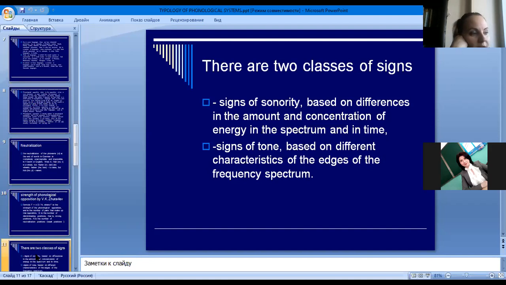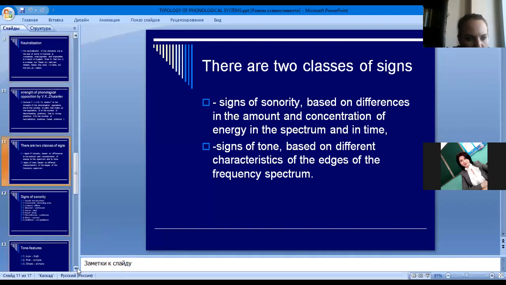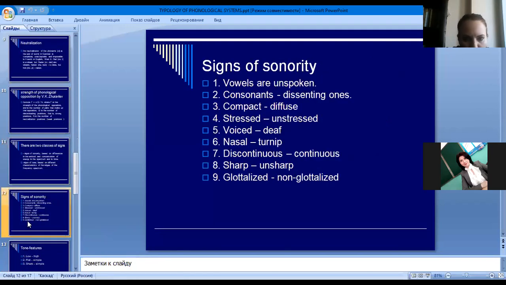In the group of signs of sonority, the following pairs of signs are distinguished according to the principles of opposition. So we're going to give a great enumeration. Signs of sonority: we have 9 groups.